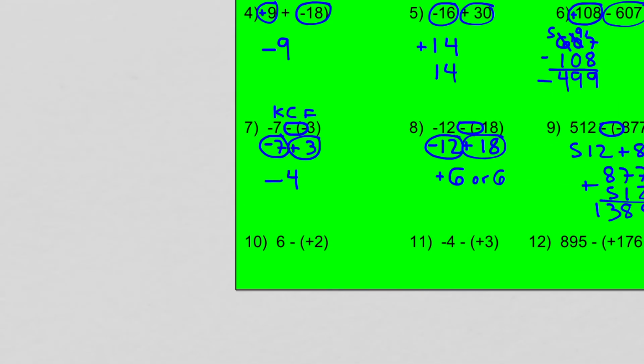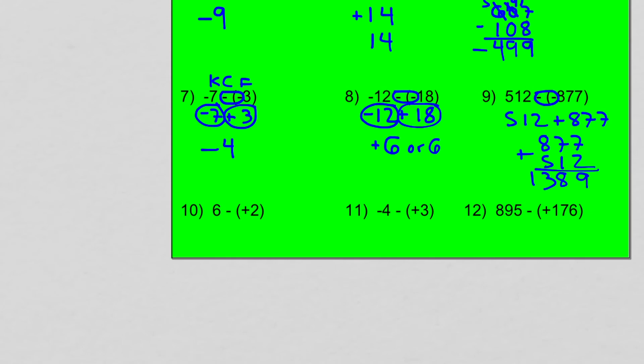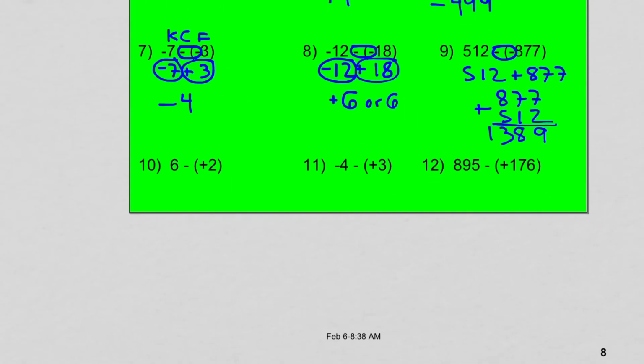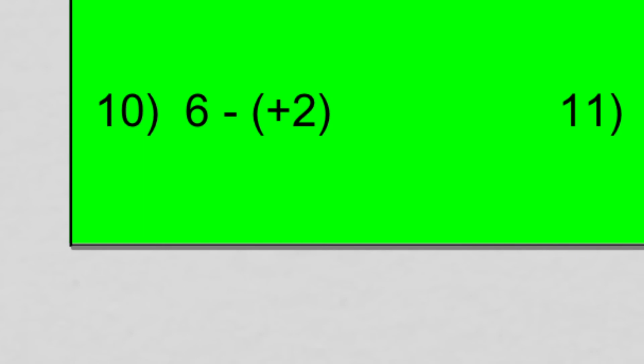Now the last situation, this often throws people off. Okay, minus a plus. Well, 6 minus positive 2. A lot of people see right away that I could just think of this as 6 minus 2 is 4.